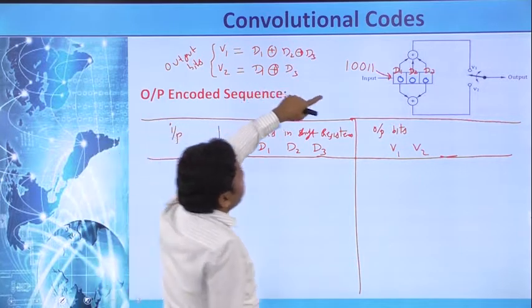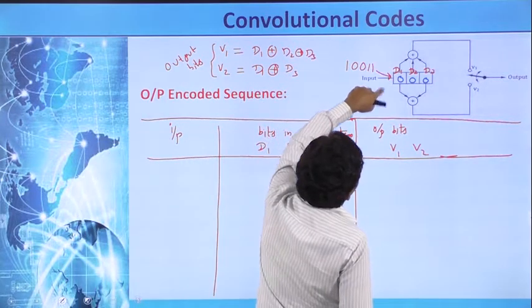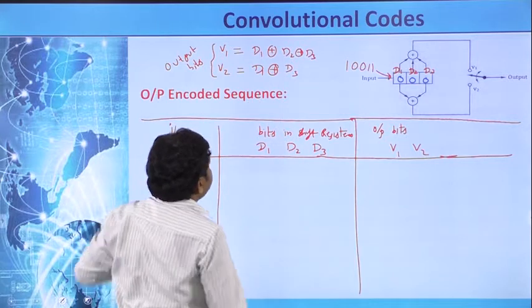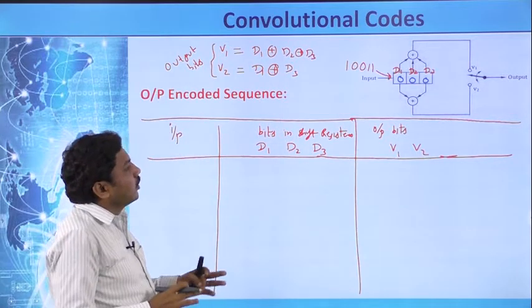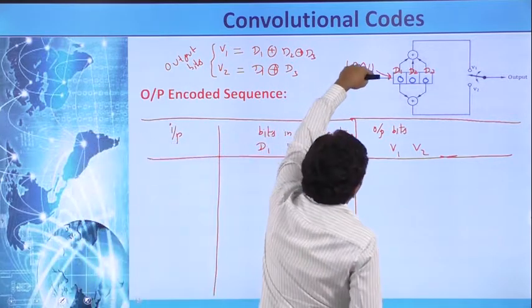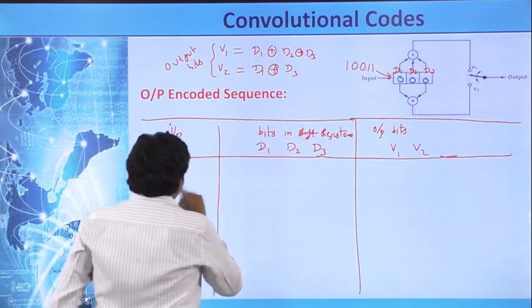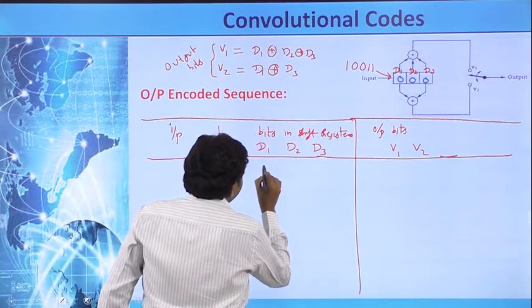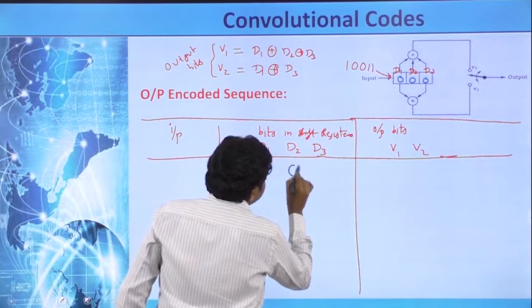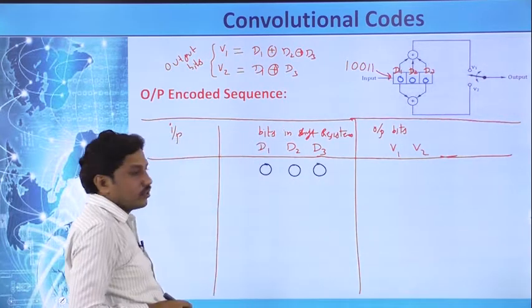The input bit is applied from the left side. What is the first input? The input bit entered into the shift register is first 1. We already assumed the bits in the shift register are initially 0.